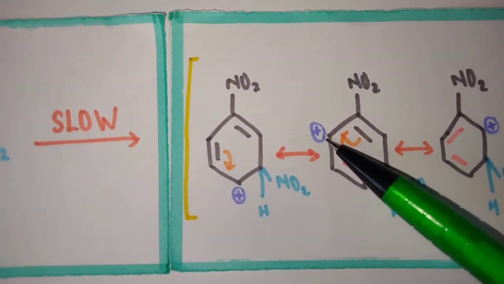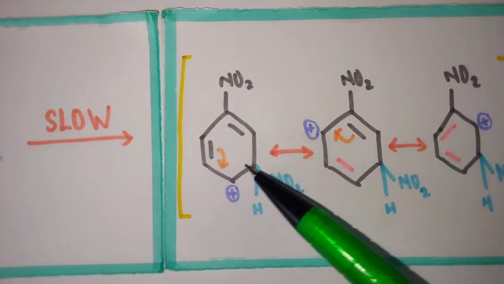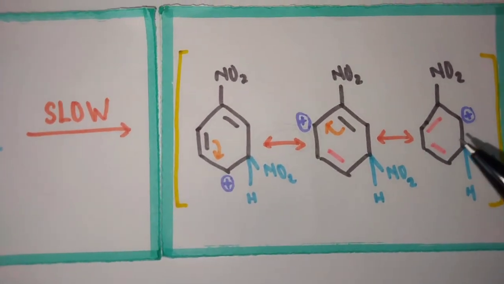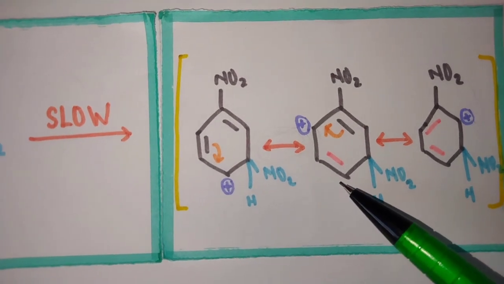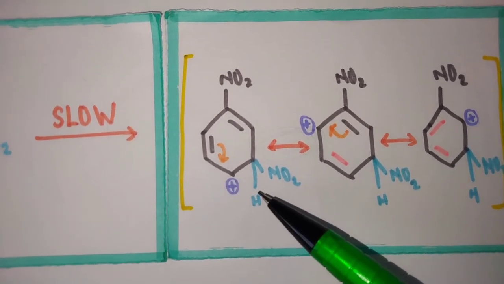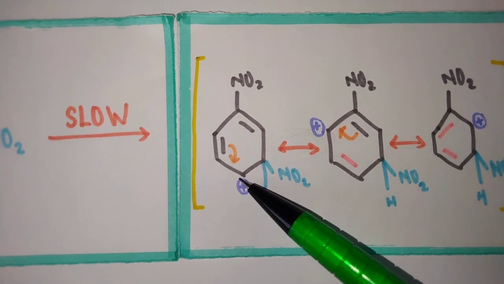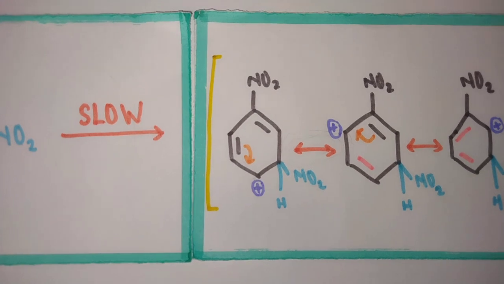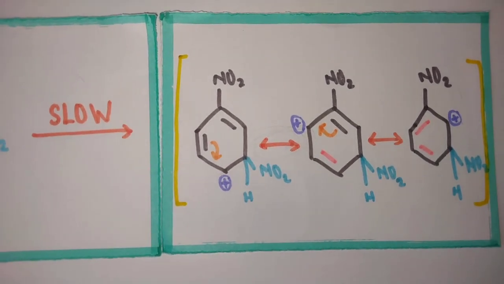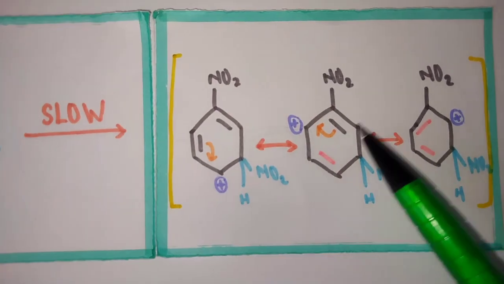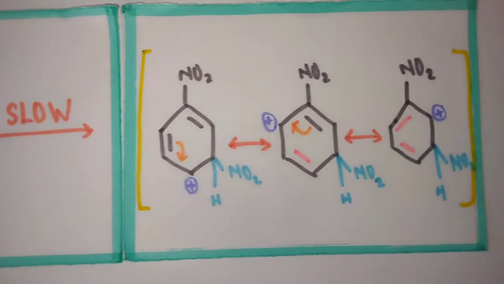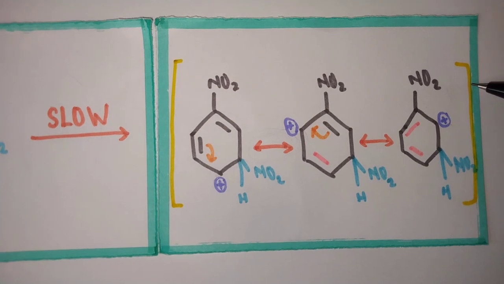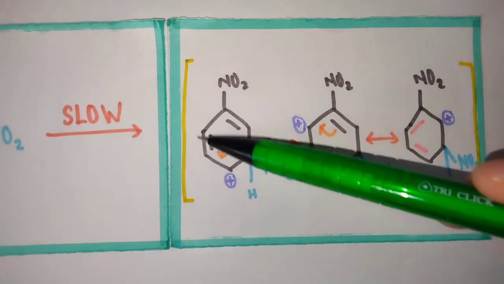This arrow shows that this is a resonance. In these resonance structures, the positive charge is shared by the carbon atoms of the ring and stabilized by the electron cloud. And these arenium ions are unstable. Also, to draw the arenium ion, you must draw this bracket.